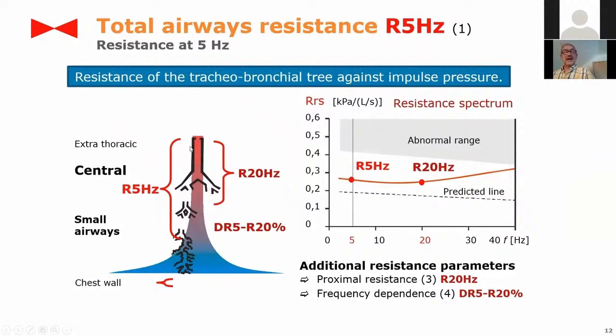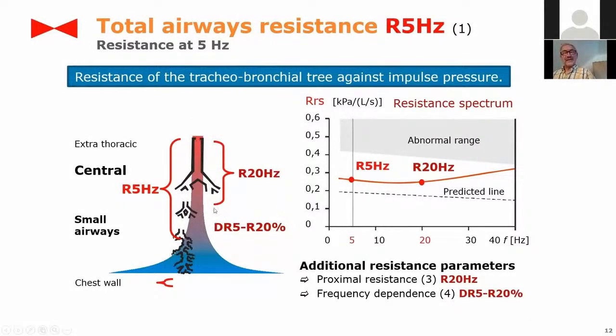And you can see that R5 expresses the resistance part of the respiratory tract, the central large airways here. Only if you like, you can have additional information. This is the proximal resistance, the central resistance, which concerns the central airways, including the extrathoracic airways.